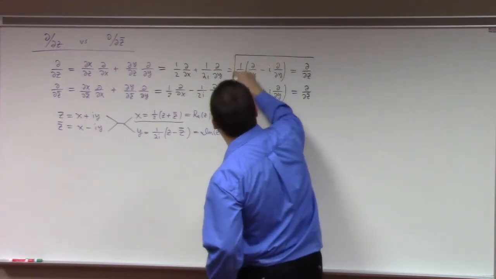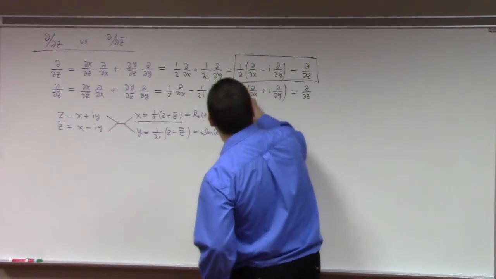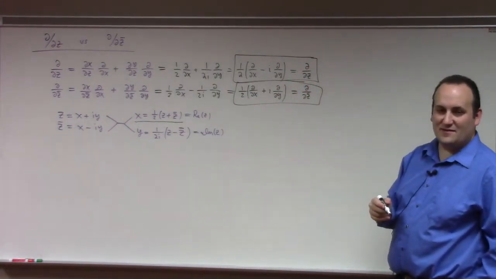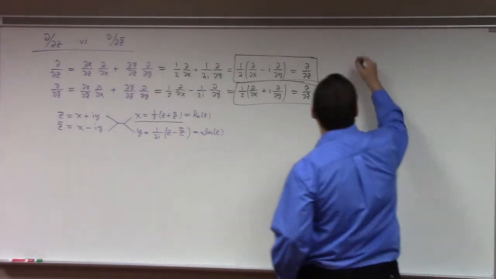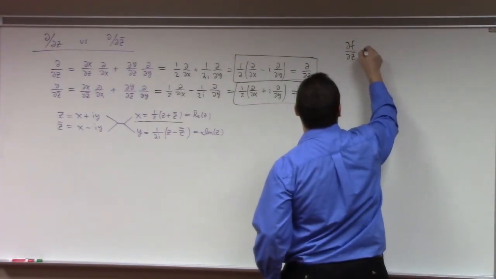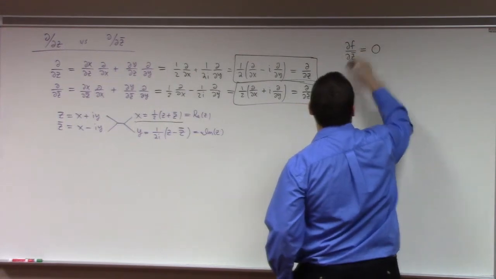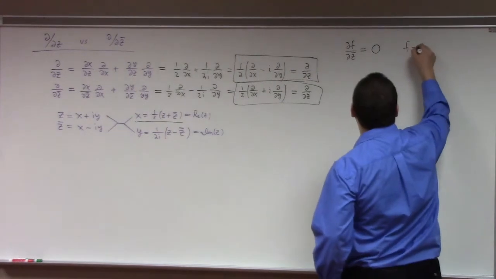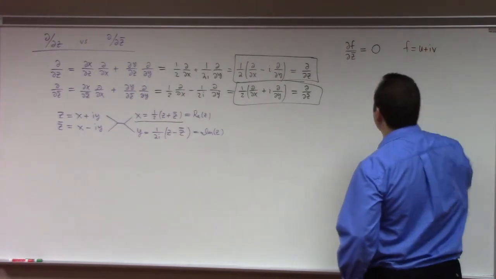Now, if you write a definition like that, so these serve as definitions, the question is, is it a reasonable definition? So check this out. What would it mean for partial z bar to be equal to 0? What would this encode? Let's let f be equal to u plus iv as usual.